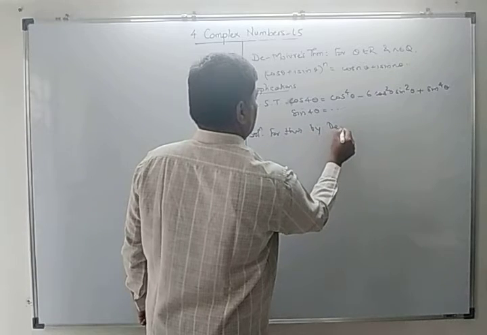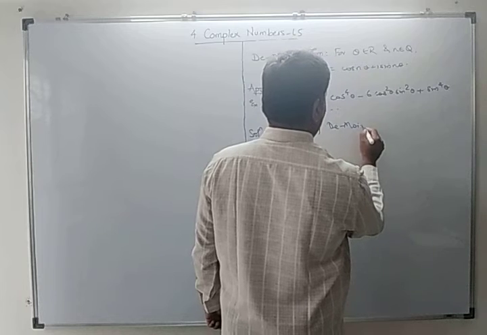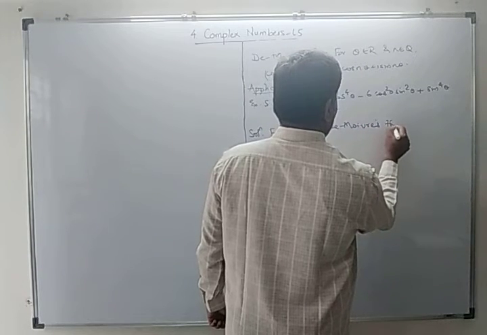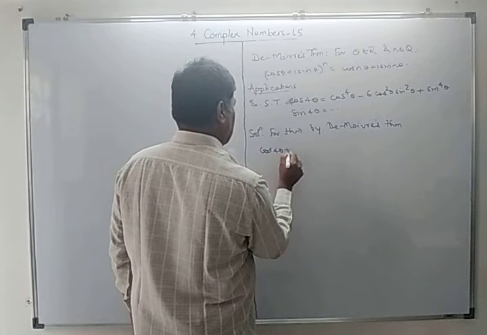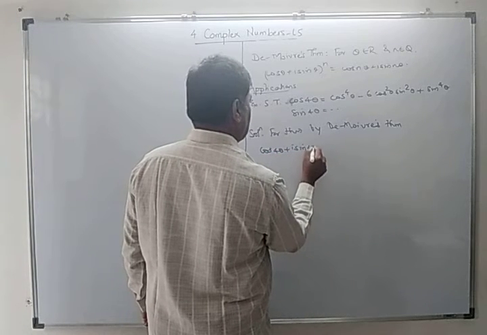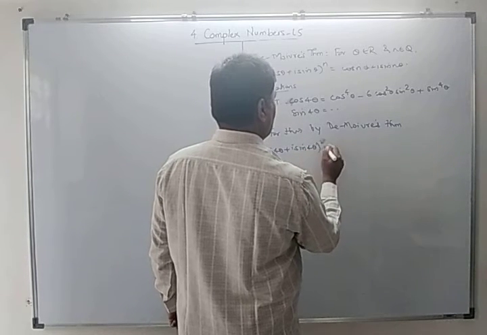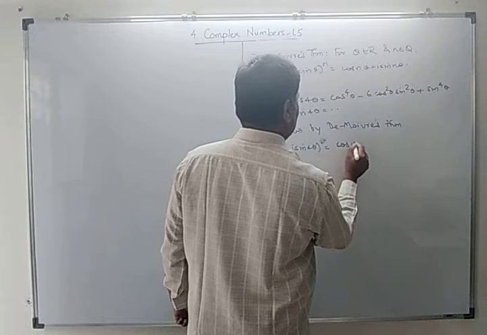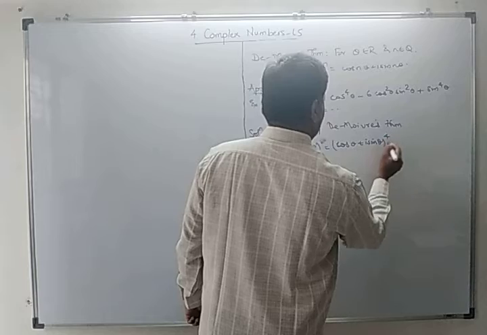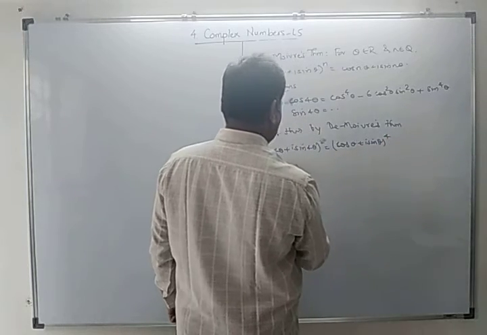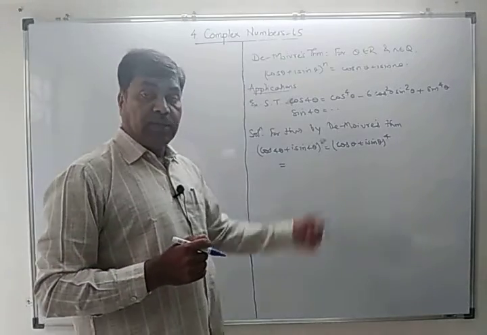By De Moivre's theorem, (cos 4 theta plus i sin 4 theta) is equal to (cos theta plus i sin theta) raised to 4. Now we will expand the right hand side by binomial theorem, (a plus b) raised to n.